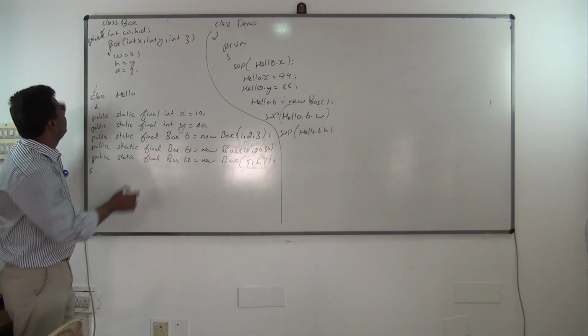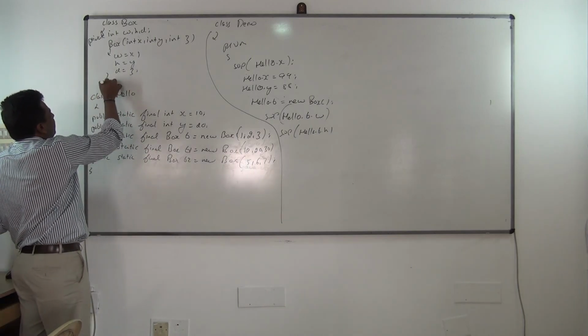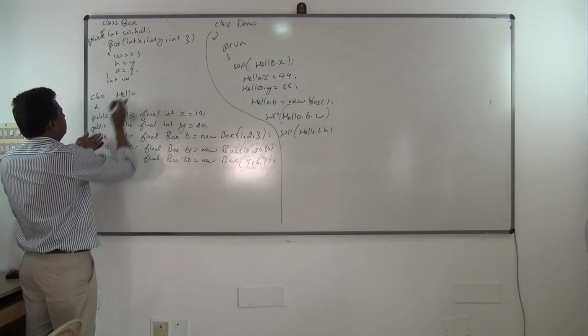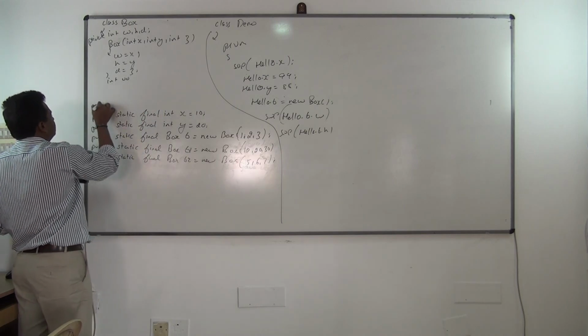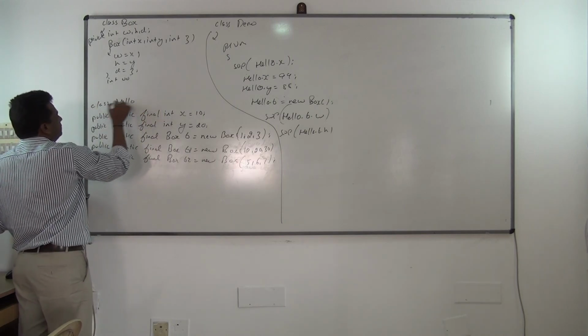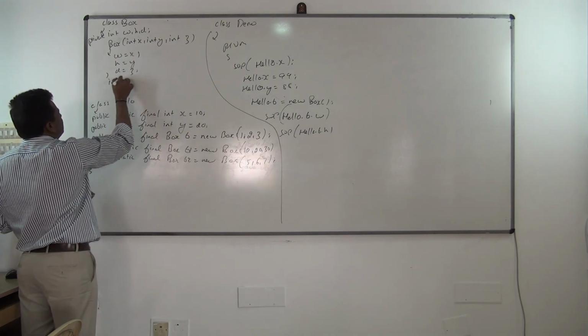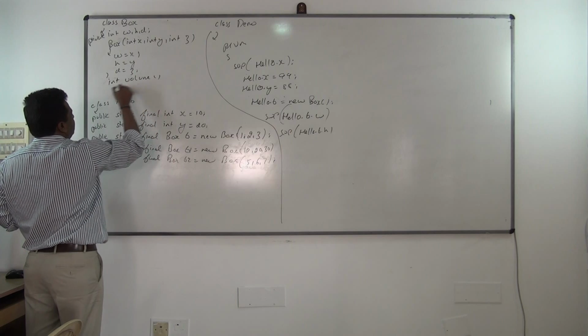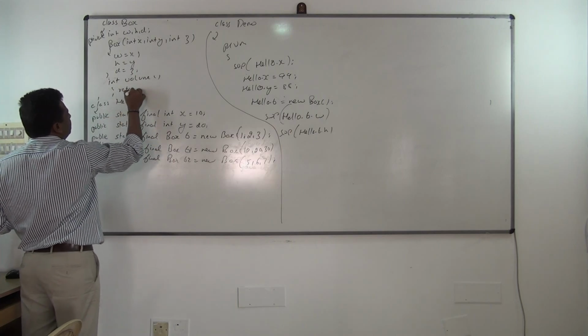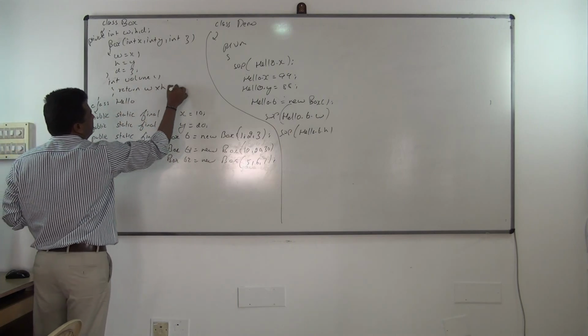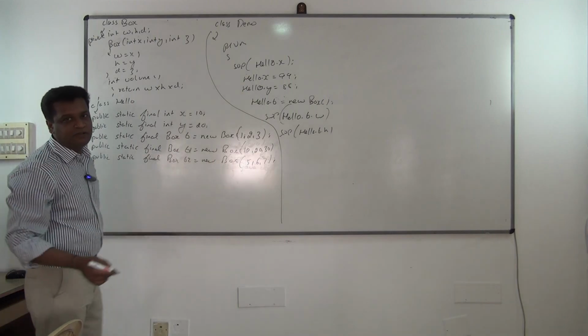And if you're interested, you can also write a method here. I'll just write a volume method, int volume. So I'll write one more member. Means your class can go on having any number of members. And I'll return w into h into d. I'm returning it. Fine. Now see how I will call.